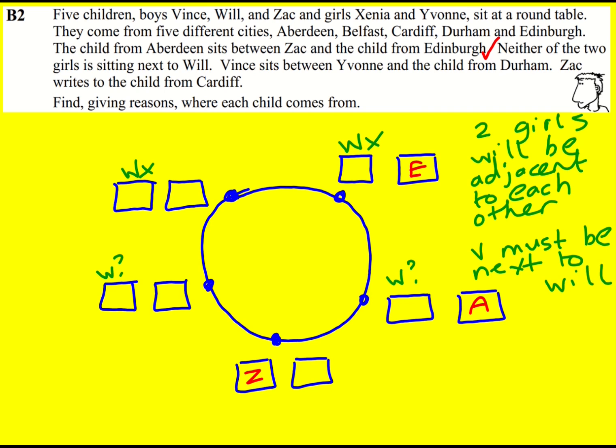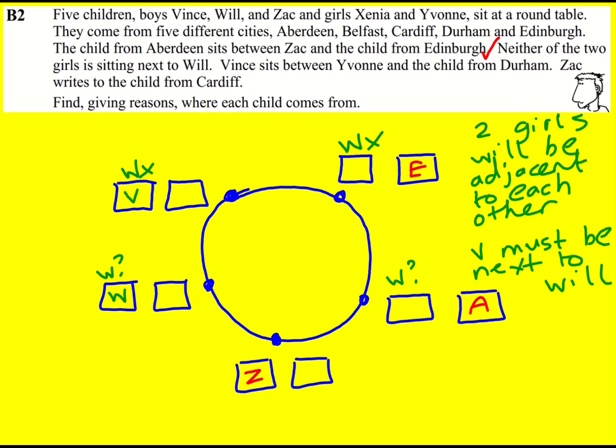So he's got to have a boy either side. So if we put Will here, then Vince would be here, but then Vince wouldn't sit between Yvonne and the child from Durham. And so it must be that Will is here and then Vince is here.